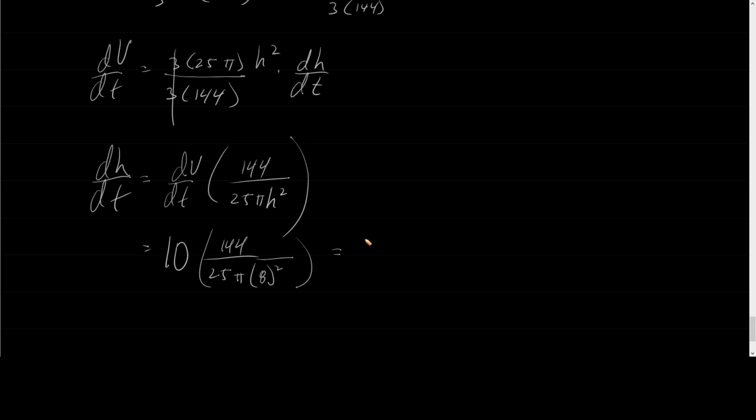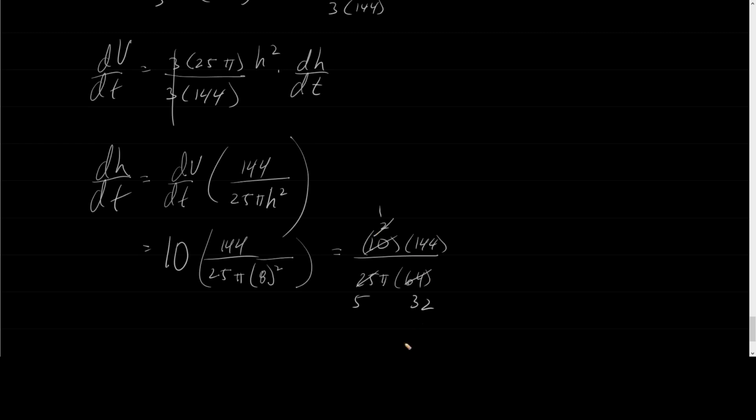I'm going to try reducing this as much as possible, but first I want to have that 8 being squared, which is 64. All right. 5 goes into 10 2 times, 5 goes into 25 5 times. 64, well, 64 is divisible by a bunch of stuff, right? Let's start with 2. 64 divided by 2 is 32. 2 divided by 2 is 1. Okay, next thing. 32 and 144.